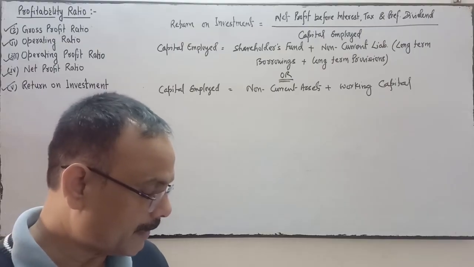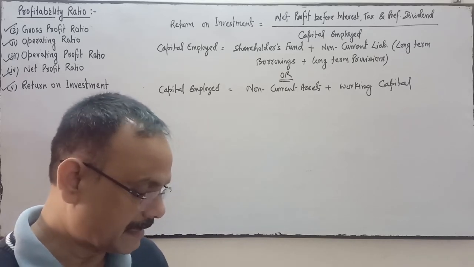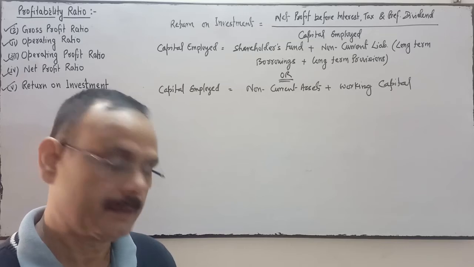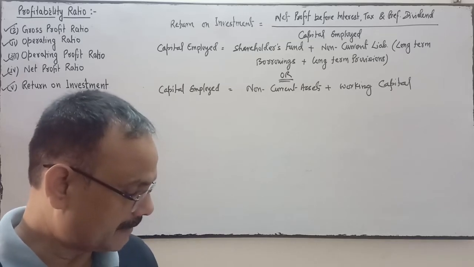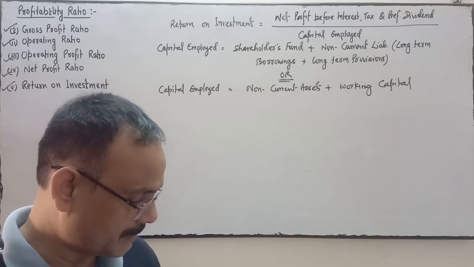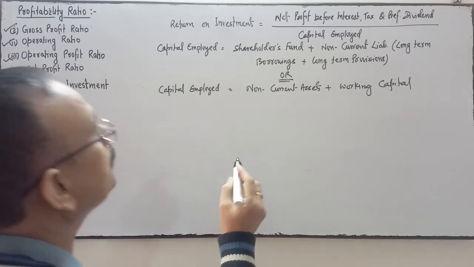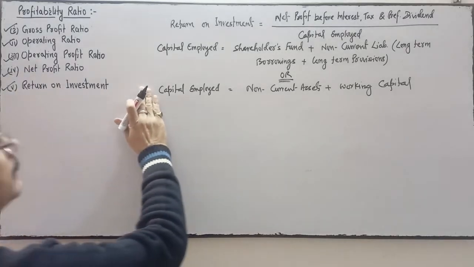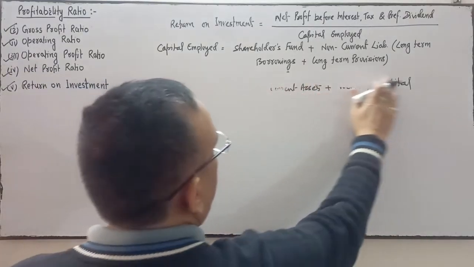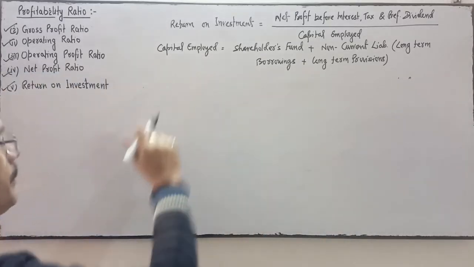From the following, calculate the return on investments. Share capital is given, reserve and surplus is given, net fixed assets, non-current trade investment, current assets, 12% long-term borrowing and current liability. So first of all, we'll calculate the capital employed.